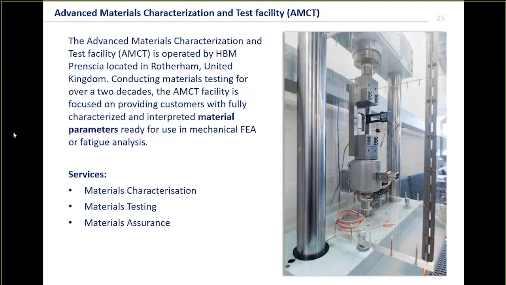Okay, so that was just a quick review of some of the issues around testing. While we're talking about testing, I should of course mention our fatigue testing laboratory in Rotherham, the AMCT, which is focused mainly on providing fatigue properties for materials and structural joints for our customers for use in the software.